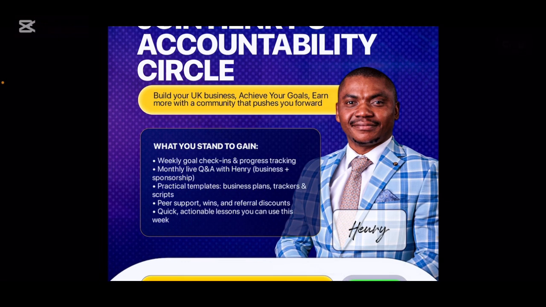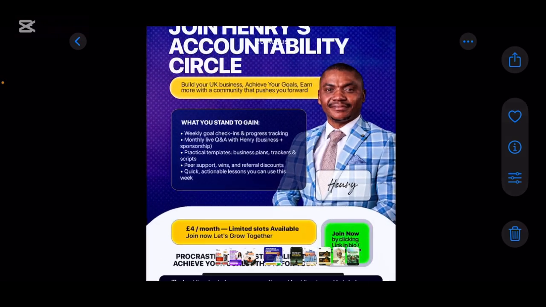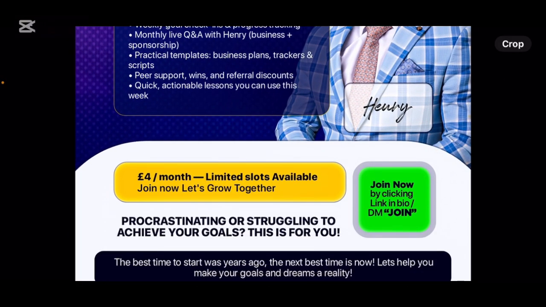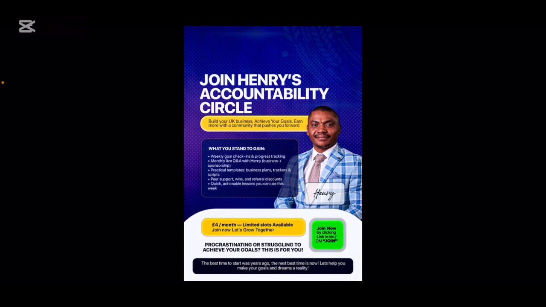I grouped everything in this build your UK business as the sub message or as the subheading. I group everything here as the payment and the call to action. You understand? So I hope you are getting what I'm trying to pass.